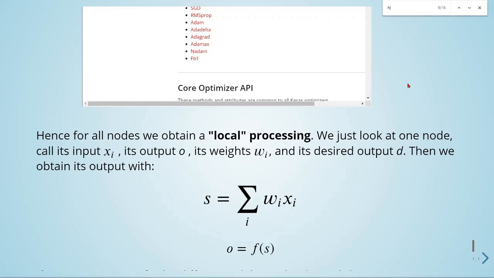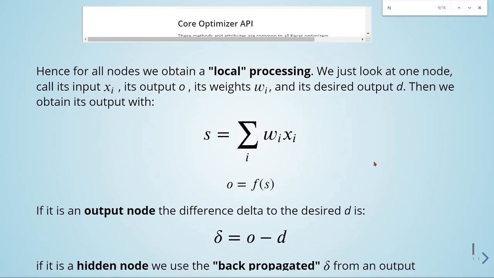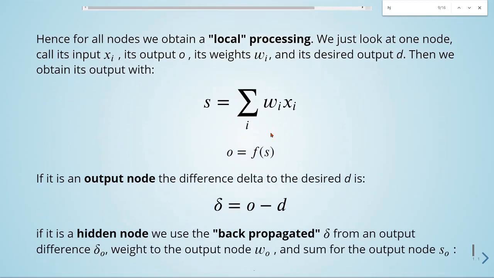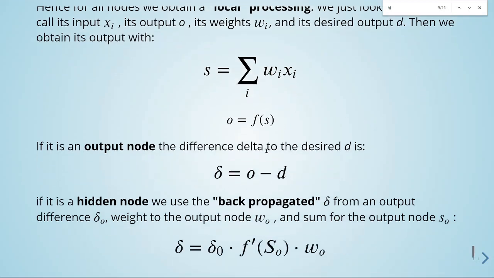So we just look at one node, call its input x_i, its output o, its weights w_i, and its desired output d. Then we obtain its output with this sum: the sum of the weights times the inputs, and then the output is a function applied to this sum.